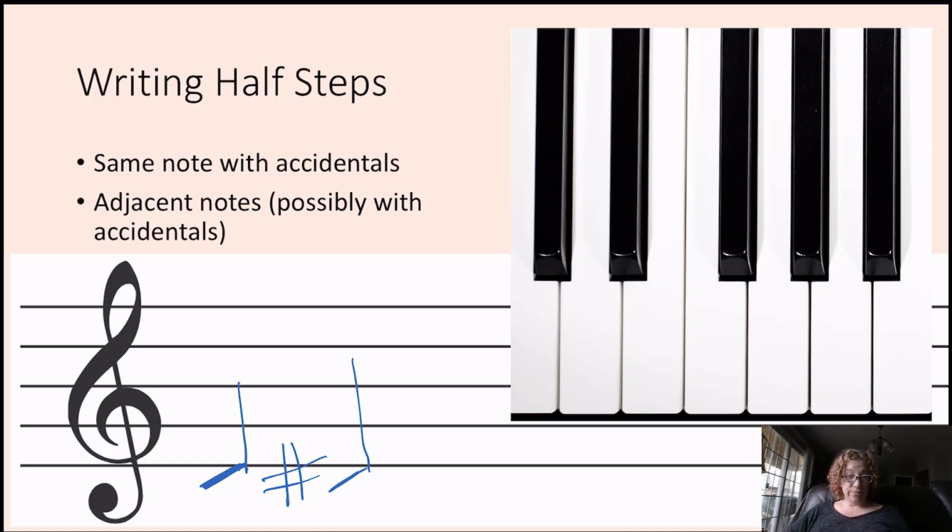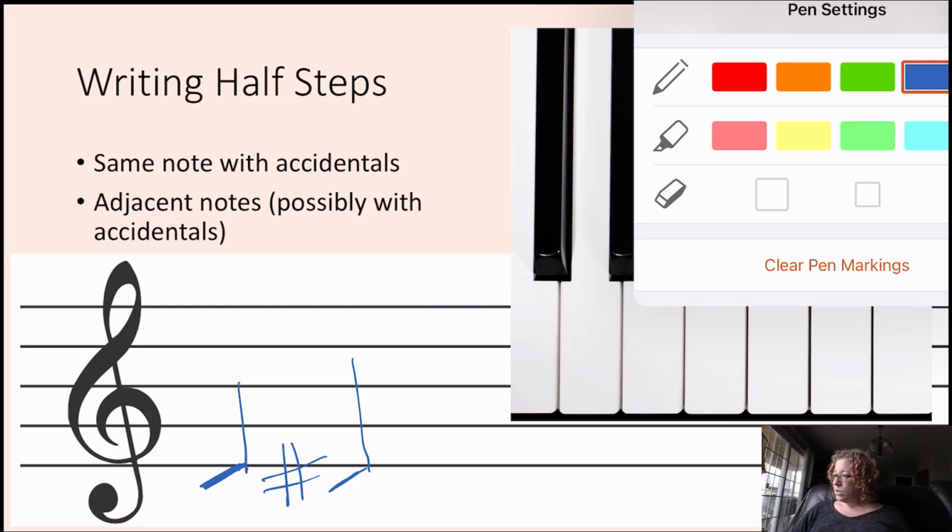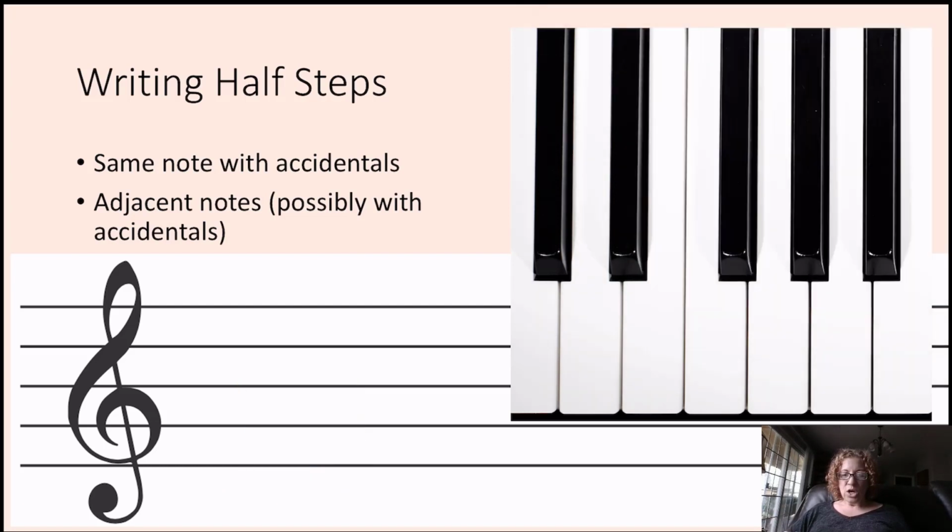Writing a half step, okay? Or you can have them adjacent notes with possible accidentals. So let me see if I can write this a little bit more clearly. Let's do that D and D sharp again. So here's D, a little bit smaller, and D sharp.